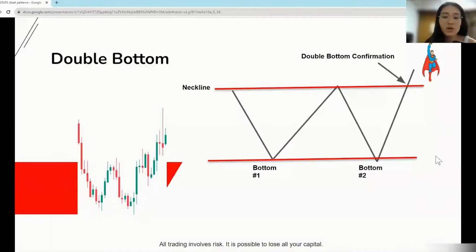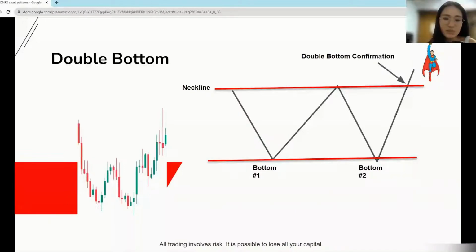Strong levels of support often indicate a strong change of trend. So that's why once we see price breaking out of here, we can assume that price has reversed and we're expecting price to continue upwards instead of continuing to hit this strong support level here.